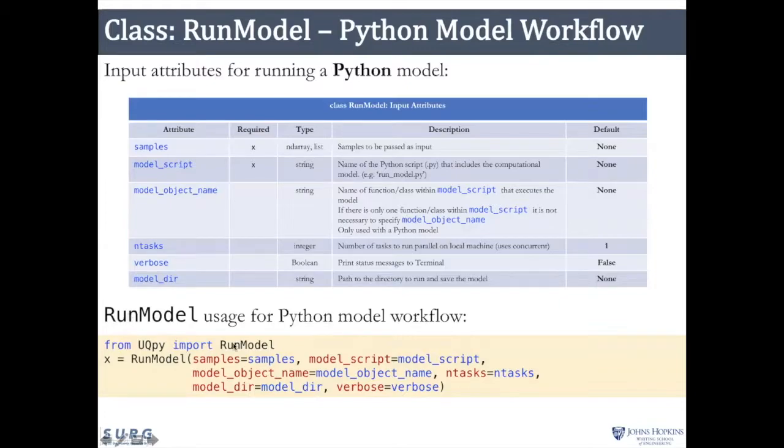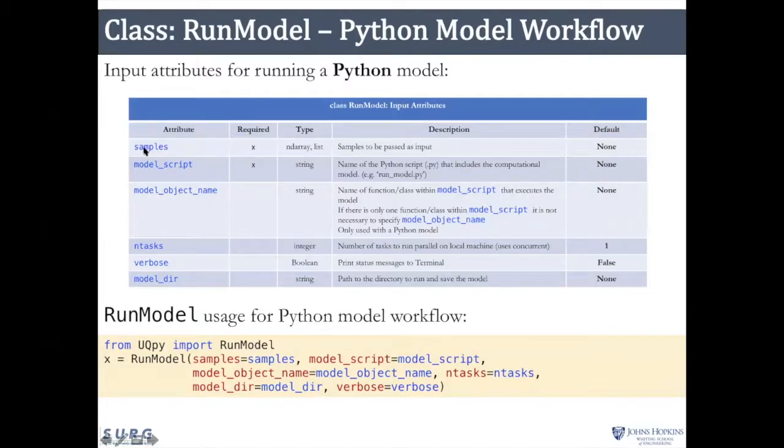On this screen, we see the different attributes for running a Python model workflow. The essential required attributes for running a Python model are the samples and passing a model script to RunModel.